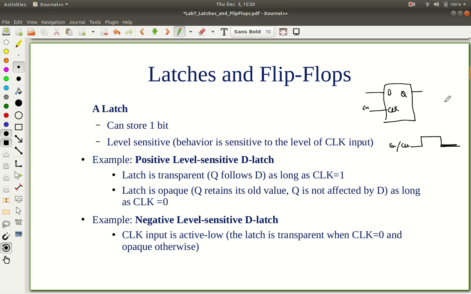On the other hand, a negative level sensitive D-Latch, often indicated by a bubble here to indicate an active low clock or enable signal, is a latch where the latch is transparent when the clock is low. Whenever the clock is 0, Q follows D, and when clock goes high, Q retains its old value.